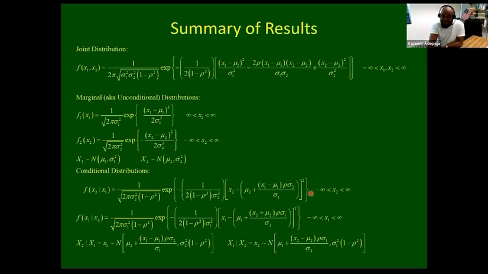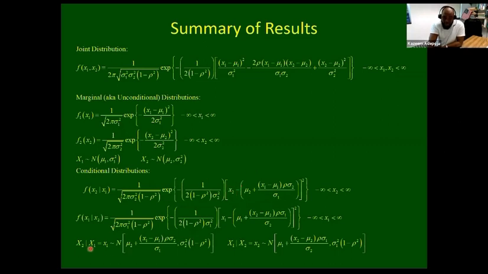Based on this, I can make a conclusion about the mean of x2 given x1 and the variance of x2 given x1. Everything here apart from x2 is the mean of x2 given x1.